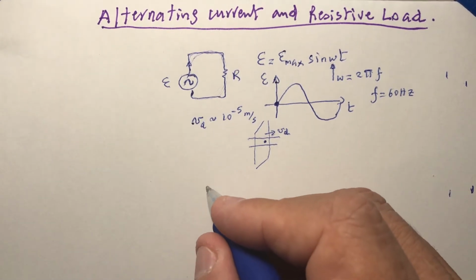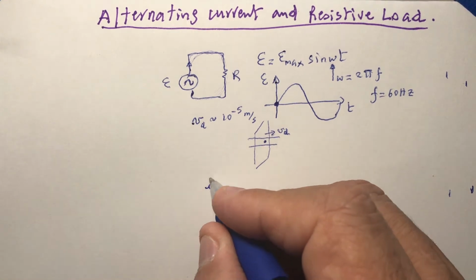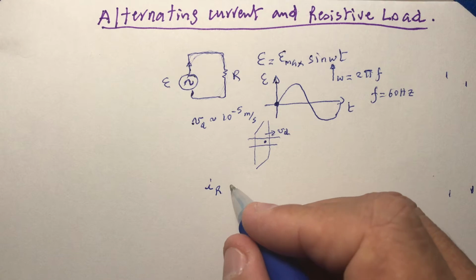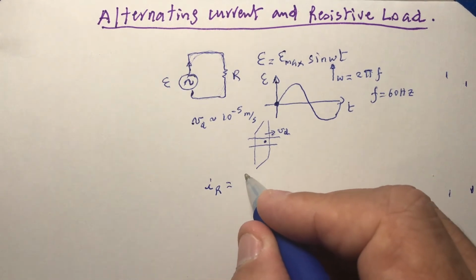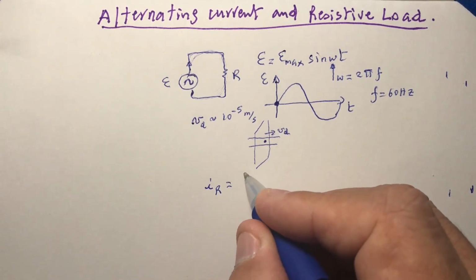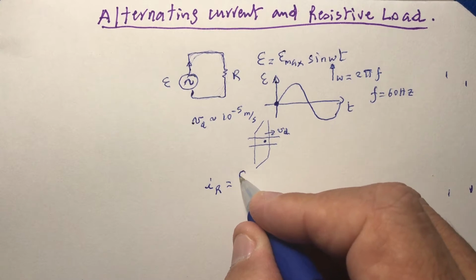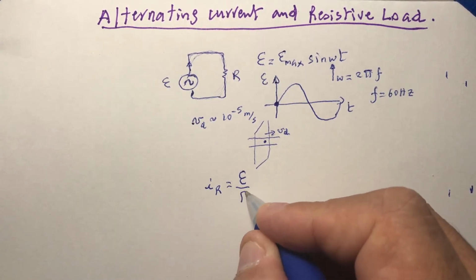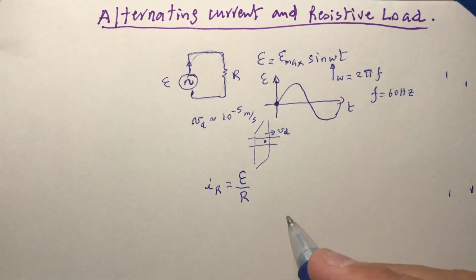If I look at the current through R, it is equal to the voltage, E, over the resistance.